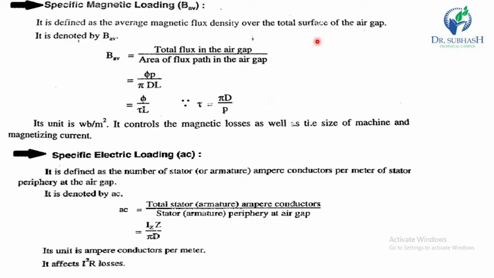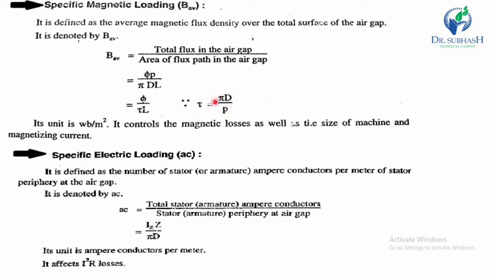So let us find out this area. We have the total periphery into its length. So total periphery is pi D, into its length L. So pi D L is the area of flux path in the air gap. It is also written as pi by tau L. Here tau is the pole pitch.